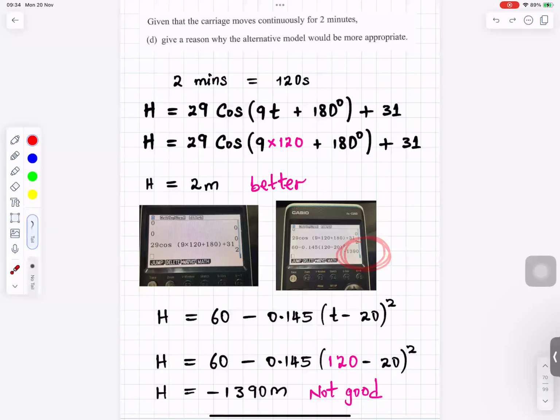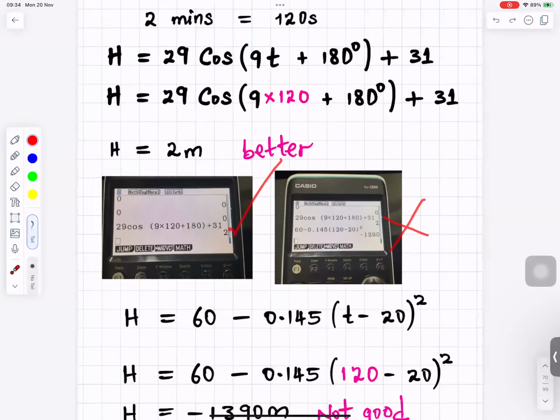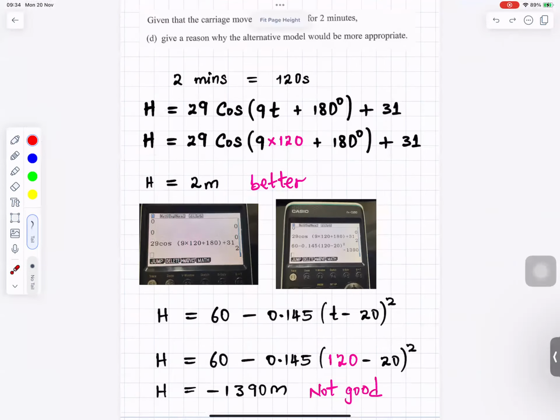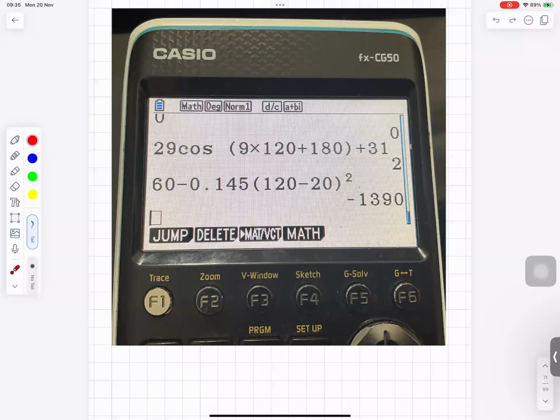And this one will give us 2. So if you look at the two answers, when you put 120, that's 2 minutes, we get 2. When you put 120 for this one, you get minus 1,390. So that's it, where you substitute the 120 and the 120. Two different answers.